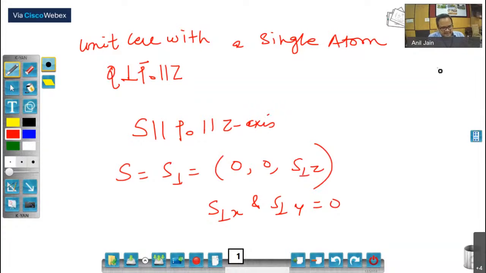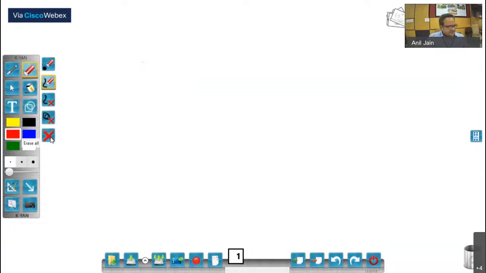Let's suppose I have magnetized this crystal, so my initial neutron polarization is along the Z direction, and I am working with the horizontal scattering plane. In this case I can write the differential scattering cross section for the non-spin flip process, plus plus and minus minus, which I wrote earlier.